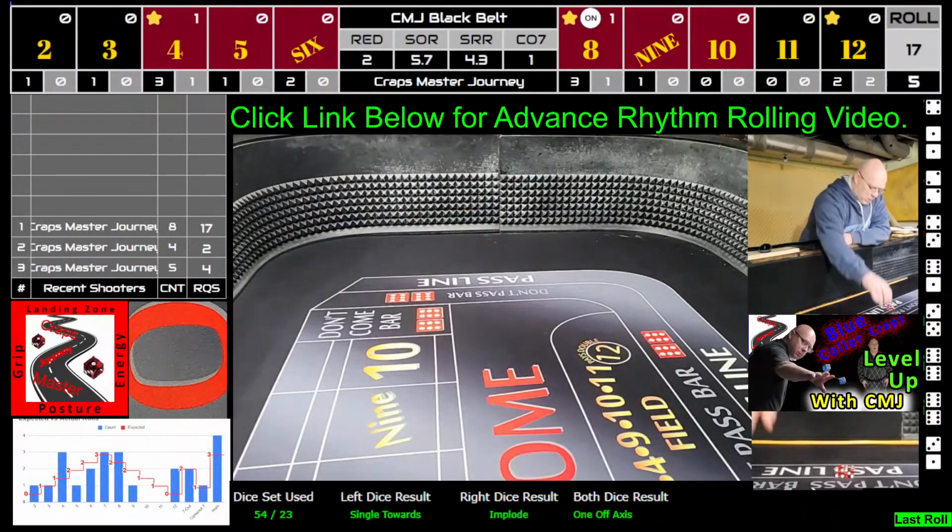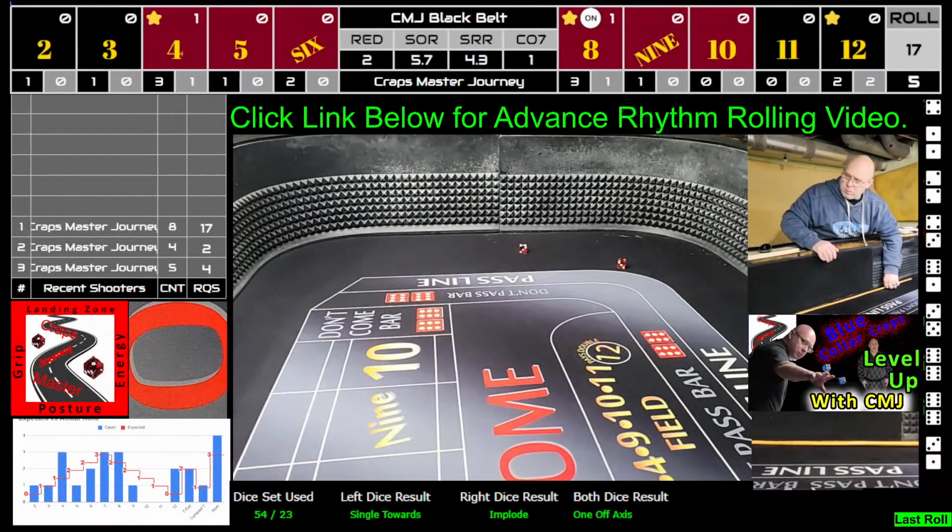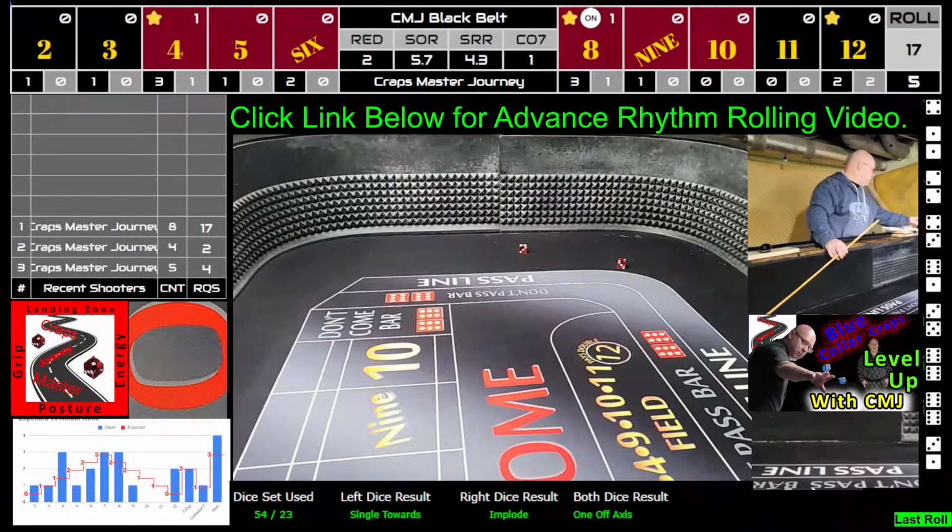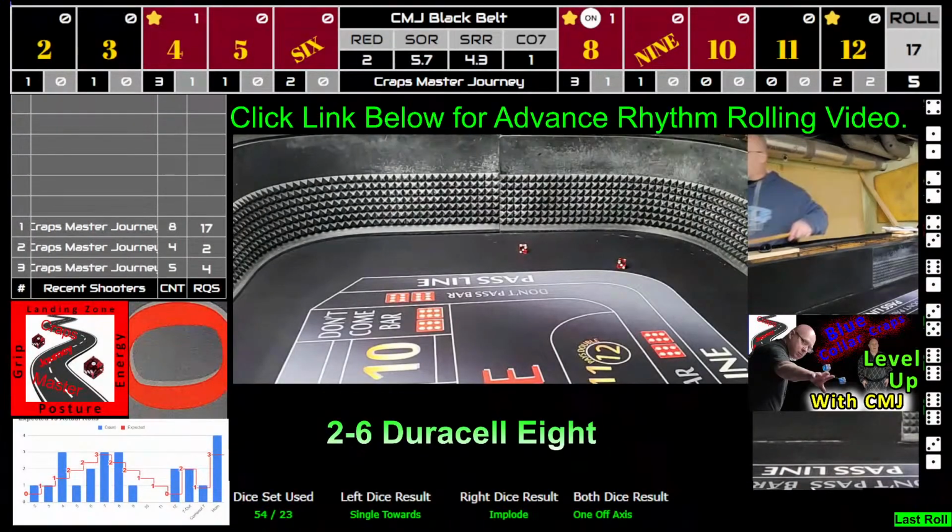And dice out. 2, 6, 8. The Duracell 8. It's gonna be a winner 8. Puck will turn off. And that combat will travel to the 8, 5, 4, 2, 3. We got a 2, 6, 8 results.